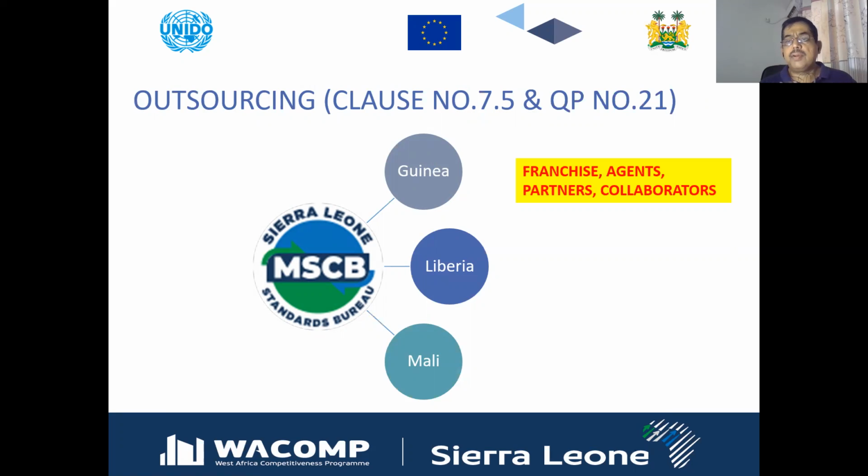This is a normal trend with the global certification bodies, and with other certification bodies as well, that in the countries where they are not available, either they open their own offices, but that is always costly because you do not know the market. So what they always do is develop a franchise system.